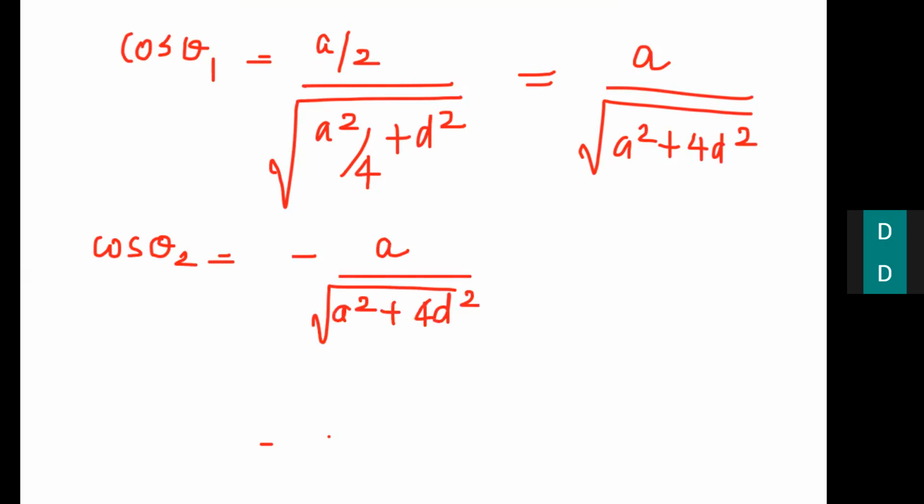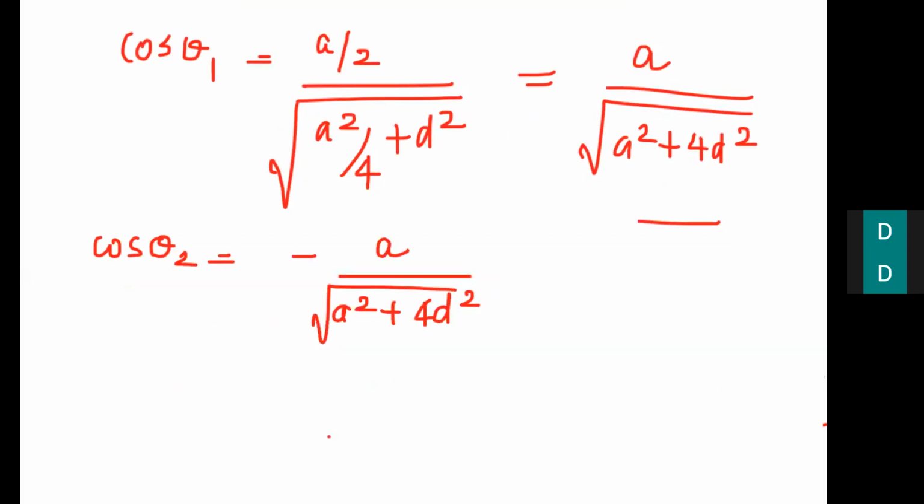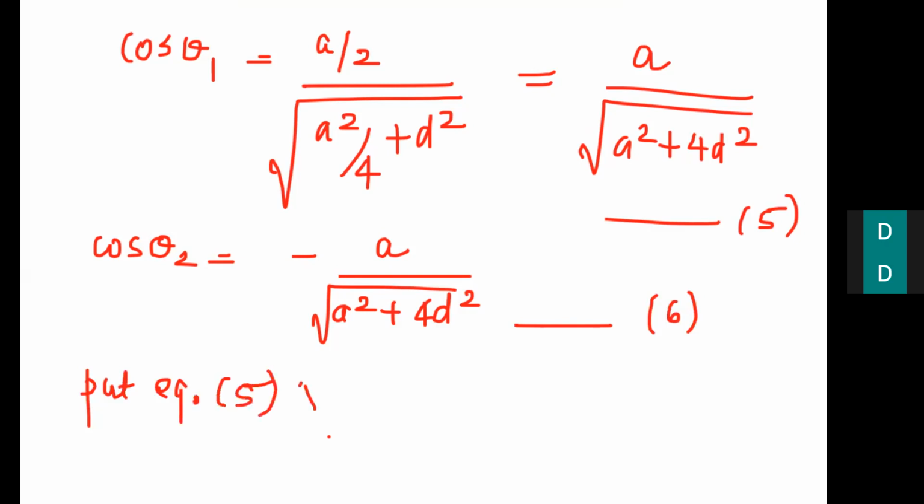So we can put these values. I will continue with the numbering of equations we were in. We can call this equation 4, this equation 5, and this equation 6. So we put equation 5 and equation 6 in equation 4.